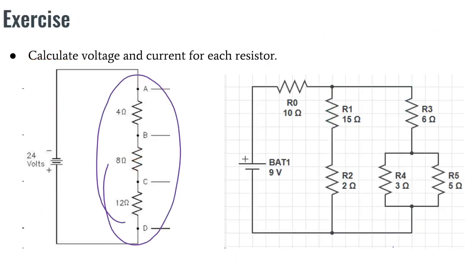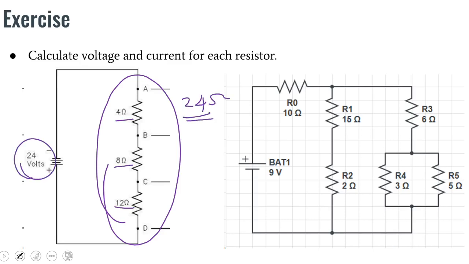Say for example, the overall resistance for this one is, because this is in series, 12 plus 8 plus 4, that is 24 ohms. Then the voltage is also 24 volts.